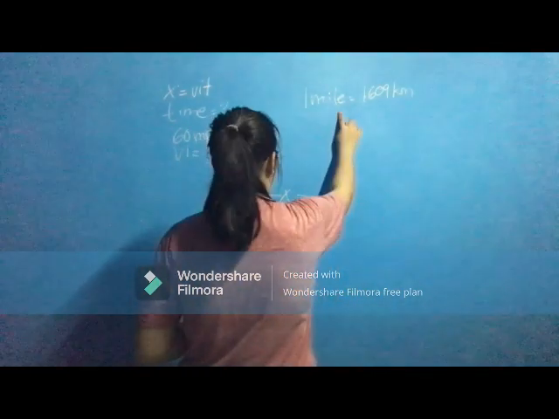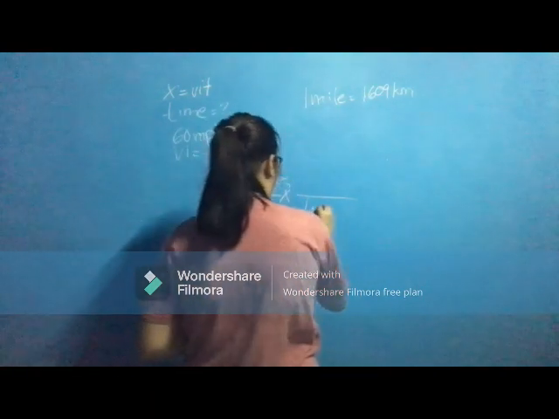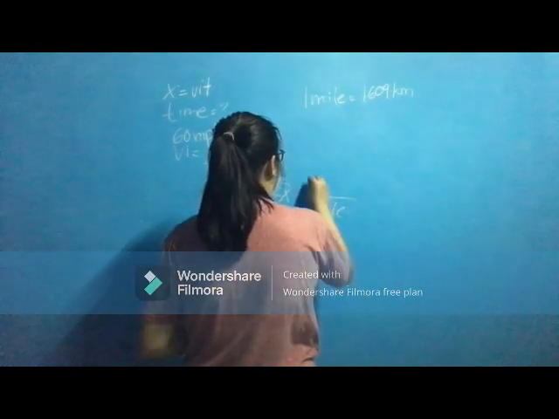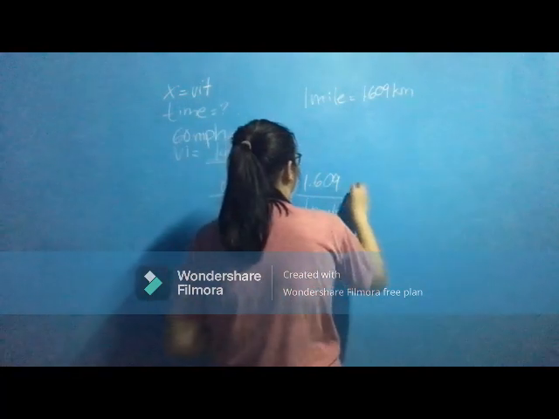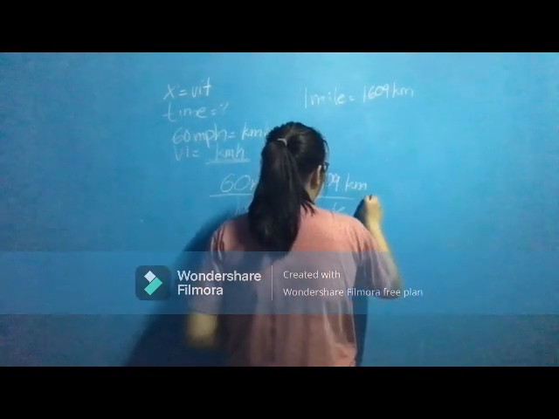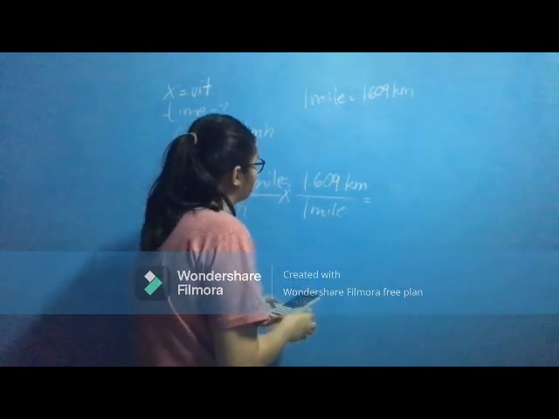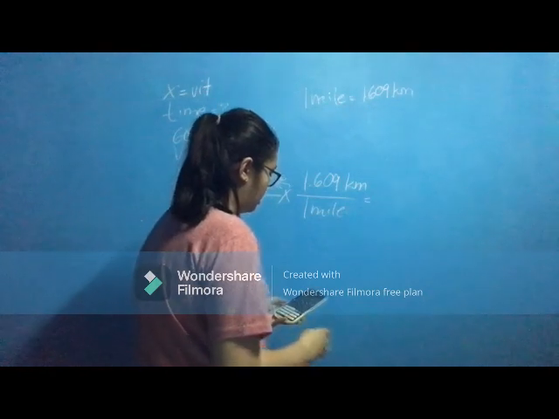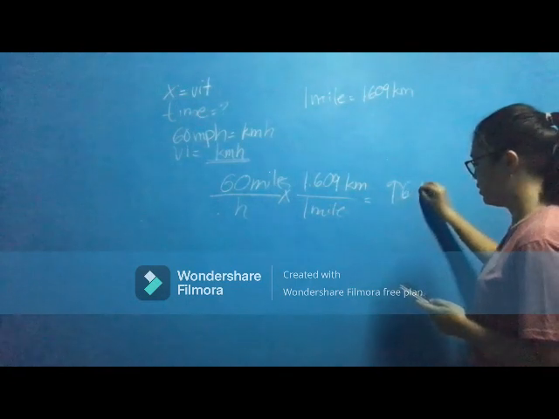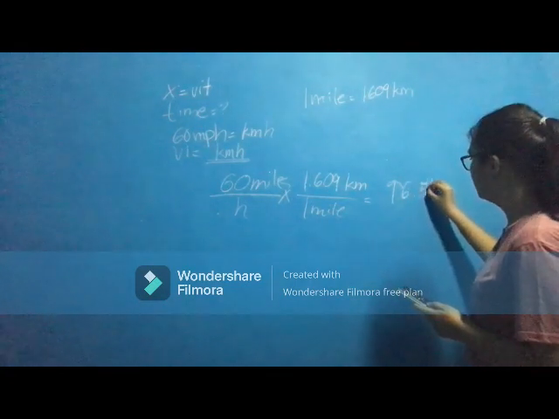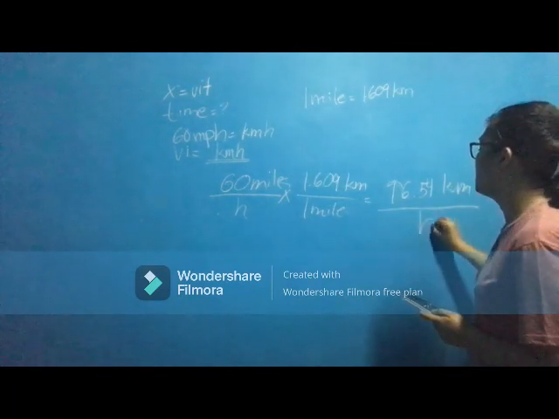Let's put the same value, 1 mile, on the denominator, and then the desired outcome, 1.609 kilometer, and the answer is 60 times this, 96.54 kilometer per hour.